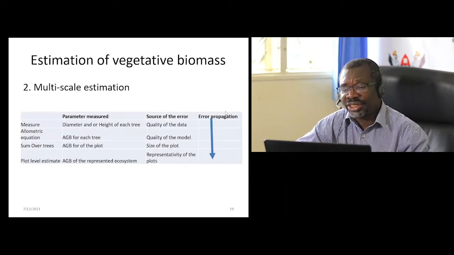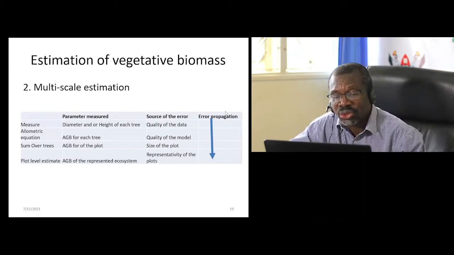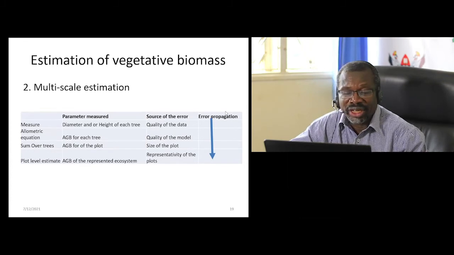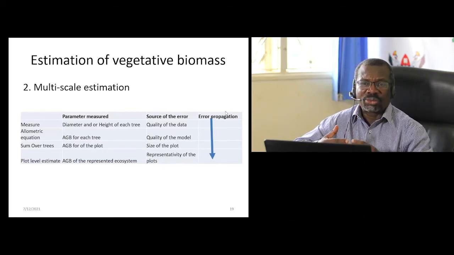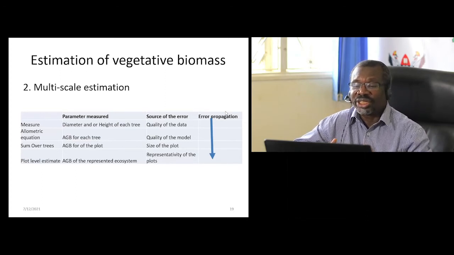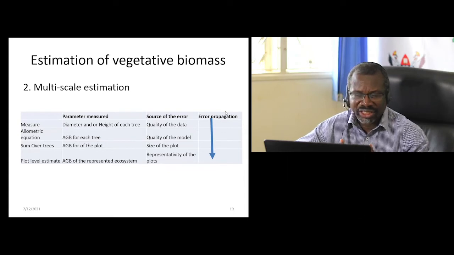The second approach is the multi-scale estimation. In this case, measurements are done at a small scale, and then extrapolation is done as the scale increases. I'll give an example.